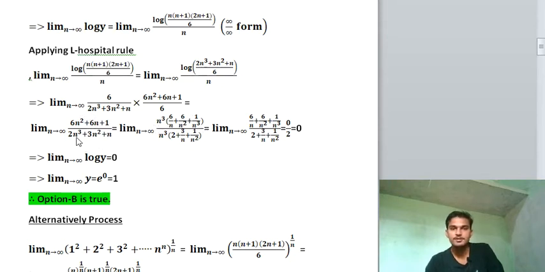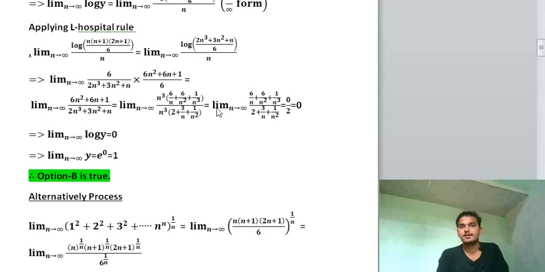In the denominator, bringing n cube common from 2n cube gives 2, from 3n square gives 3 by n, and from n gives 1 by n square. Then the n cube will be cancelled.